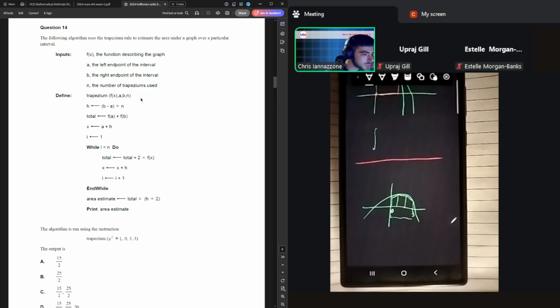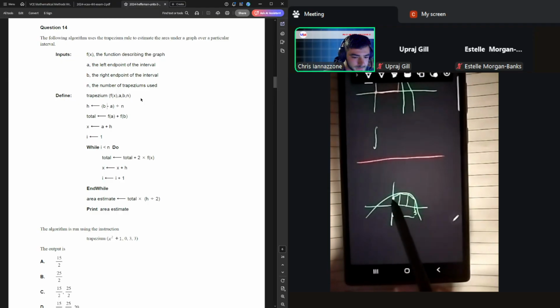From there, total is going to get the value of f of a plus f of b. That should make a decent amount of sense. F of a, f of b, those are the y values of the trapezium. I know I haven't drawn x squared plus 1. This is probably closer to negative x squared plus 1, but that's besides the point, I suppose. So f of a, f of b. A is, of course, the lower bound.